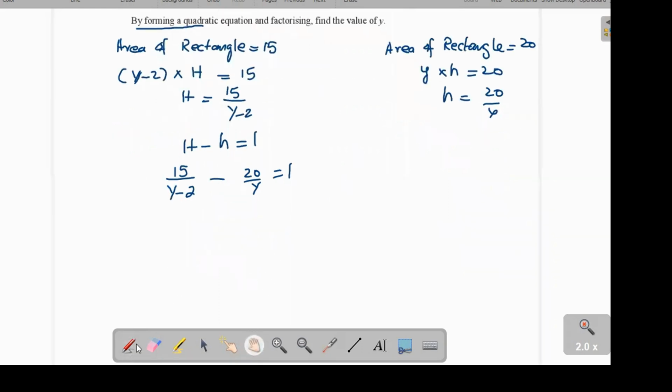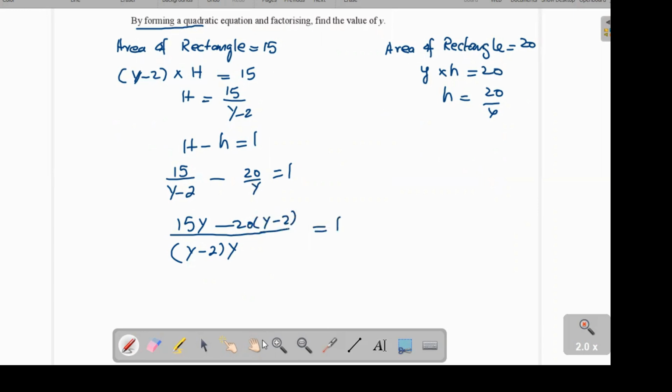Now we simplify this. The LCM of these two denominators is y into y minus 2. Now y minus 2 cancels, y is multiplied by 15, y cancels, and y minus 2 is multiplied by 20, with a minus sign, equal to 1. Now 15y minus 20y plus 40 equals, cross multiplying, y into y minus 2.